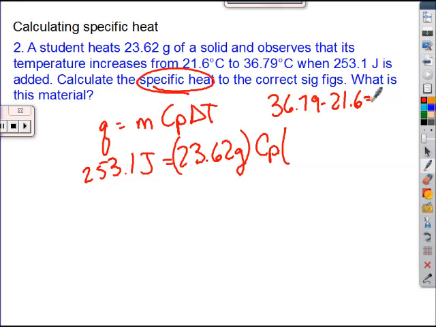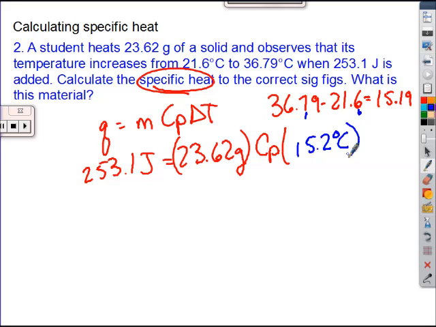It equals 15.19. But again, since I'm looking at significant digits, I need to round this guy off to the tens place. So I'm going to round this off to 15.2 degrees Celsius.